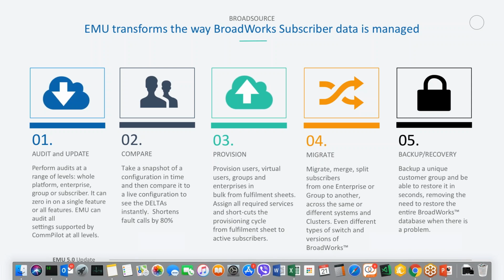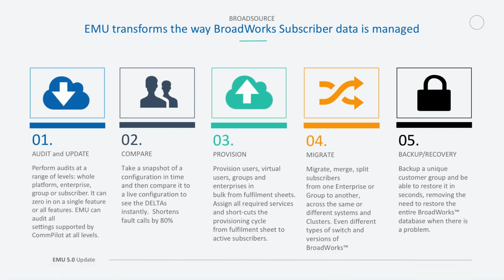Maybe it's the concept of a group being moved from one enterprise to another enterprise. Think of government departments who constantly change and those users move virtually from one PBX to another PBX. Well, there are no tools to be able to do that in a very effective, simple, and highly accurate way. And EMU represents for the first time our ability to do those sorts of things.